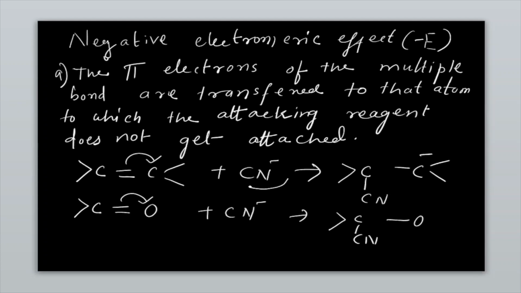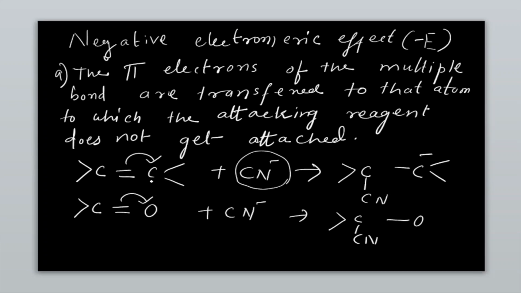Here CN minus, that is why it is the negative electromeric effect. The nucleophile, the negative part, is added, and electron is transferred from this to this, and a positive ion is formed, that is the carbonium ion, and a negative ion is formed. Since the attacking reagent has a minus sign, it will attach to the side where the positive sign is produced. Due to the positive sign here, the CN group attaches here and the negative ion is produced there as it is.